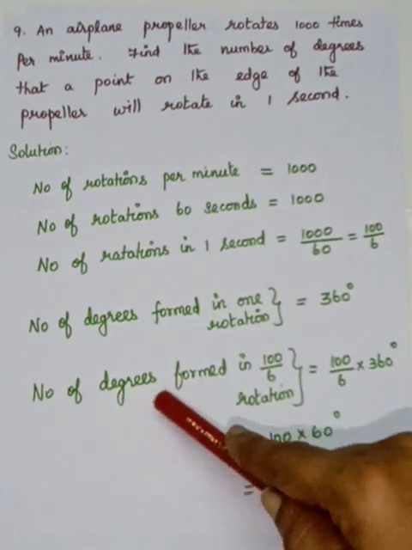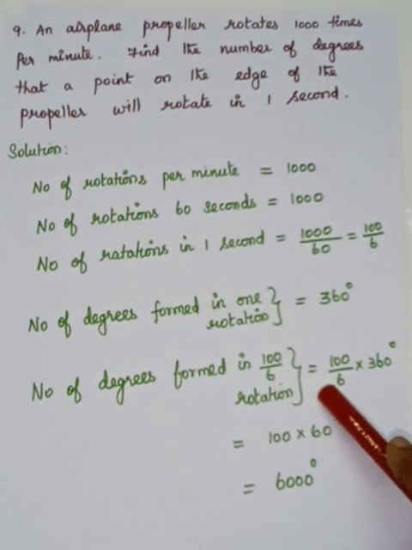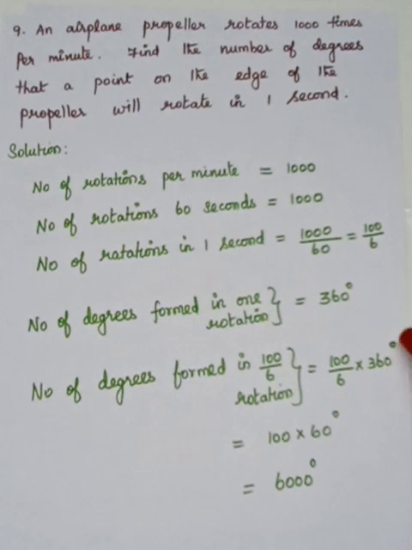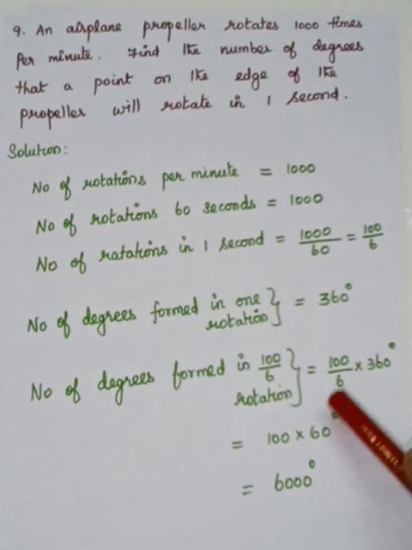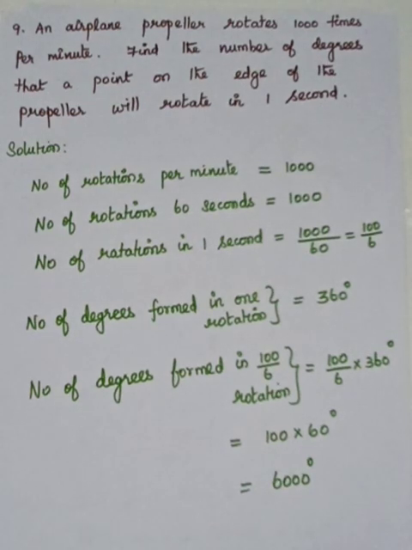So the number of degrees formed in 100 by 6 rotations is equal to, what you have to do? 100 by 6 into 360 degree. So when you divide by 6, it is 60 degree. So therefore 100 into 60, that is 6000 degree. So therefore the number of degrees formed in 1 second is 6000 degree.